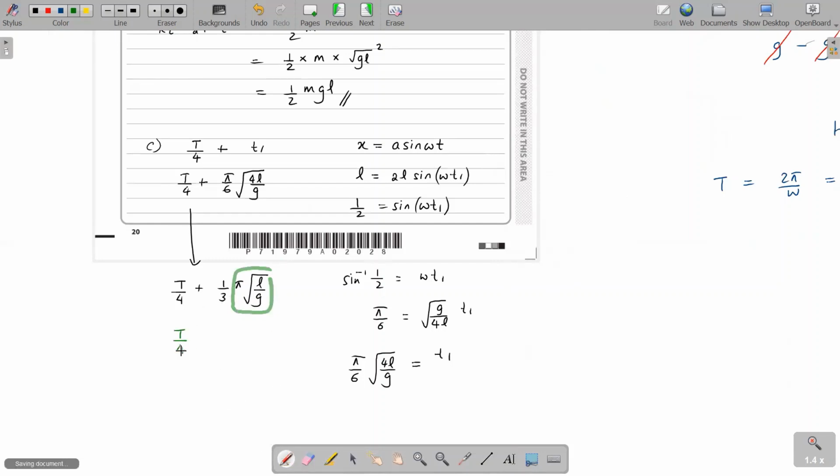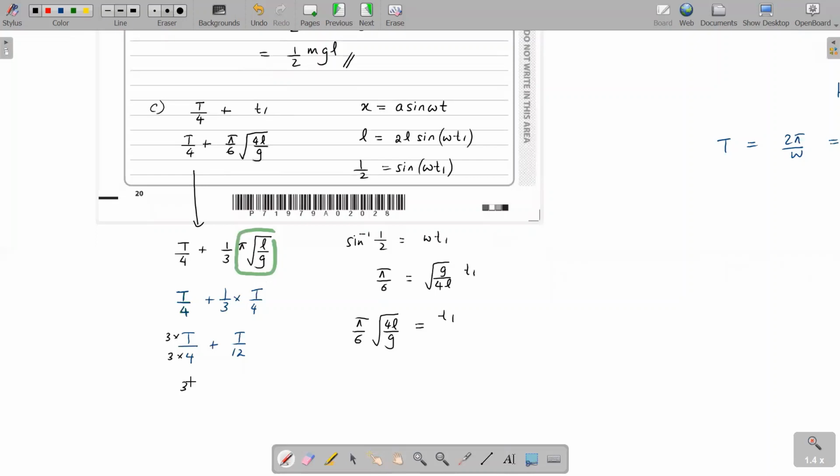So T over 4 plus 1 over 3 times T over 4. So T over 4 plus T over 12. Then we'll multiply this by 3 to get the common denominator. So I get 3T over 12 plus T over 12, 4T over 12, which is T over 3.